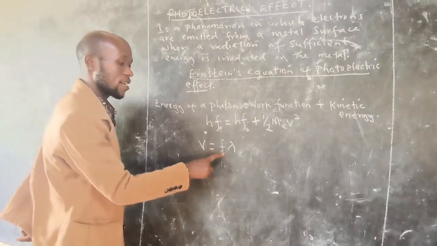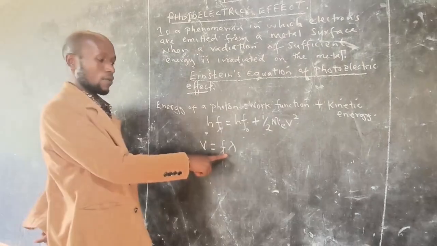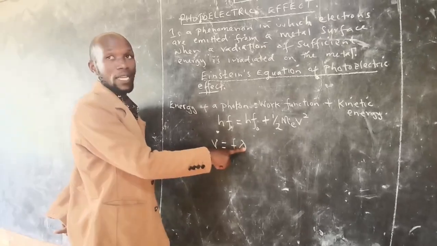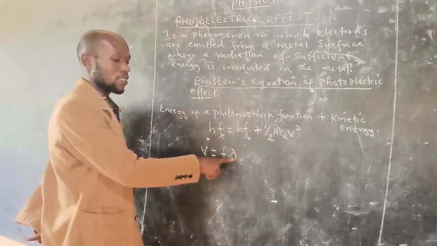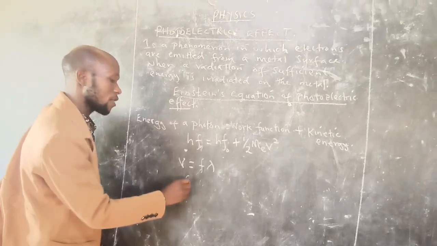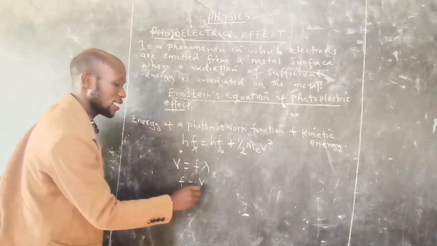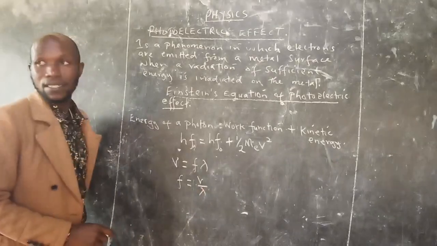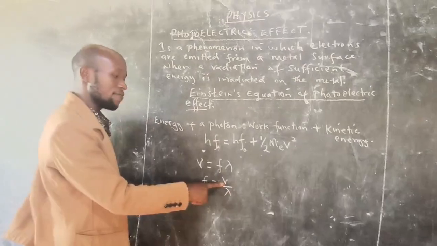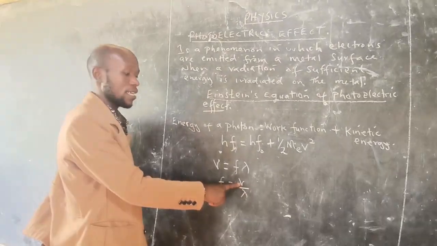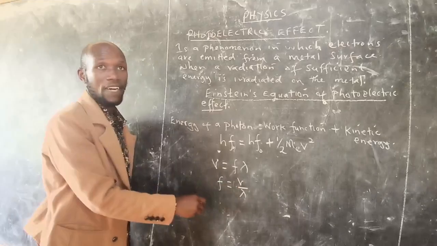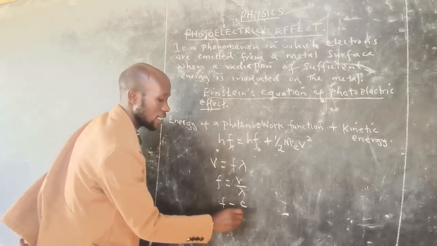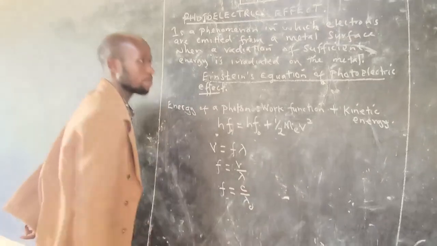Therefore, if we make f the subject of the formula, or express f in terms of velocity and lambda, that's the wavelength of the radiation, then our frequency will be given by the velocity of the radiation divided by the wavelength. If we consider the velocity of any radiation in a vacuum, then frequency is given by c over lambda.